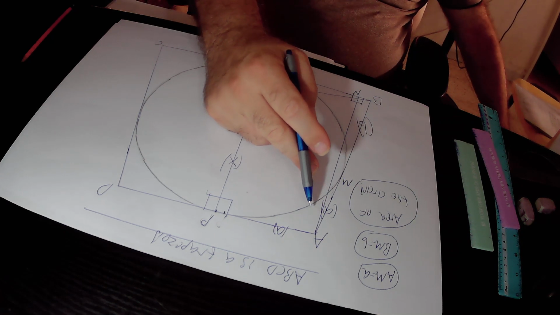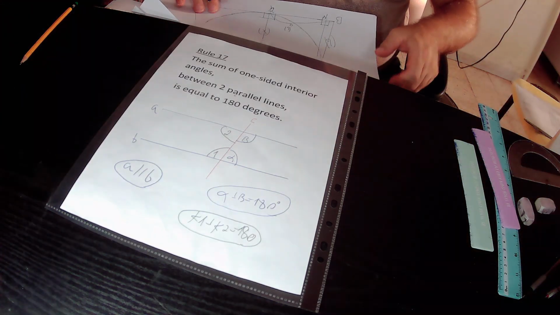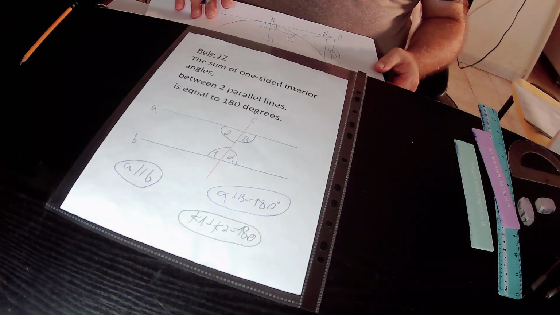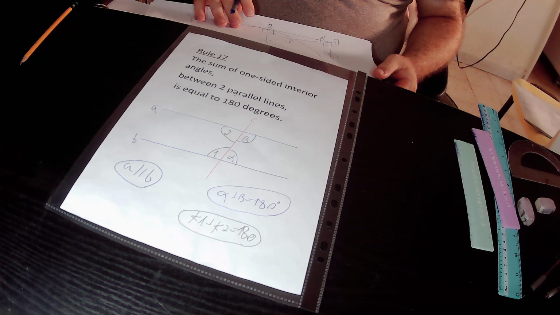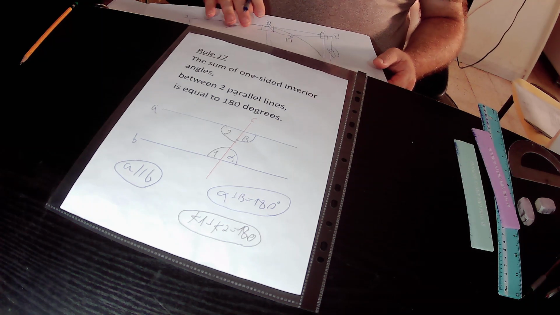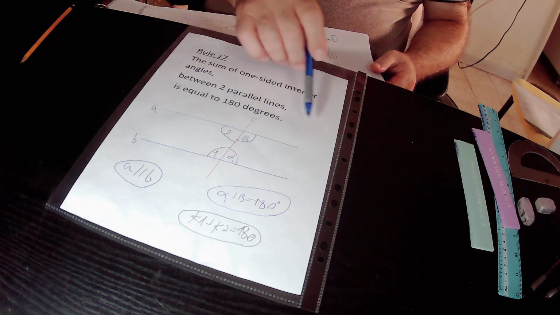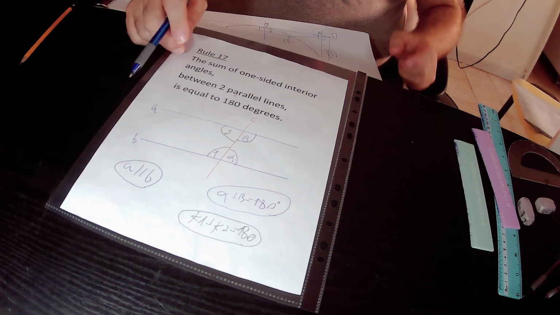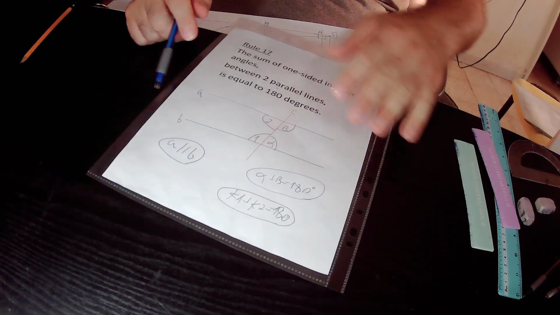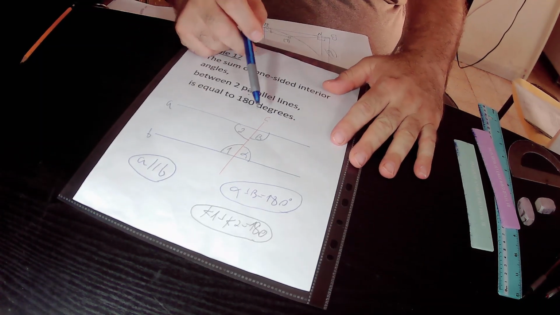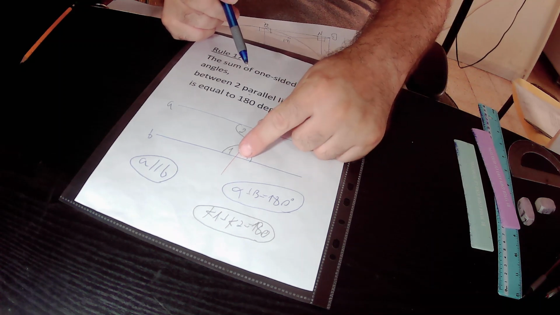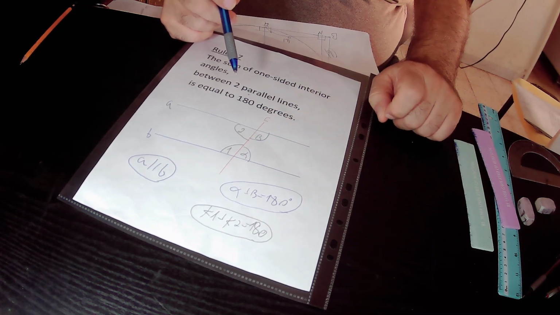So I repeat quickly rule 17. According to rule 17, the sum of one-sided interangles between parallel lines is equal to 180 degrees. In the drawing, we have line A that is parallel to line B, and line C, the red line C, intersects those two parallel lines at those two points.